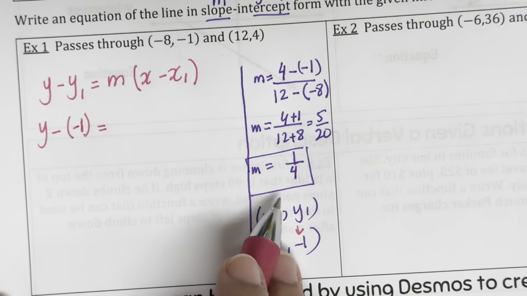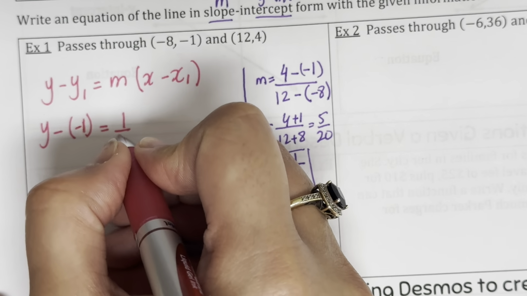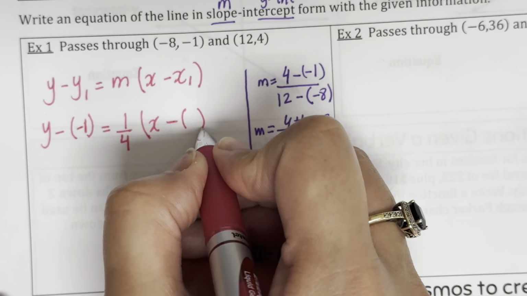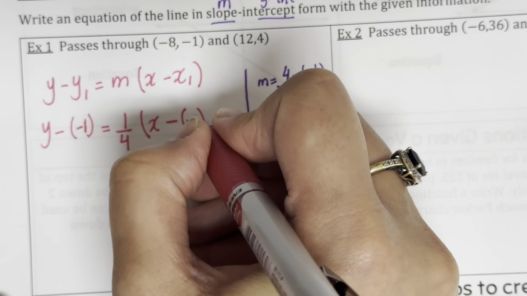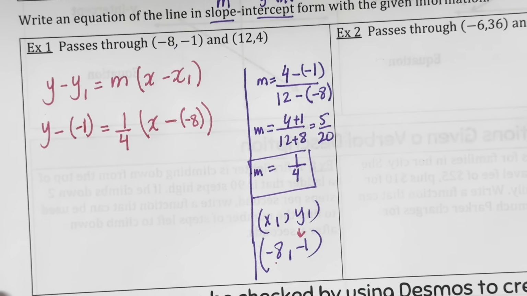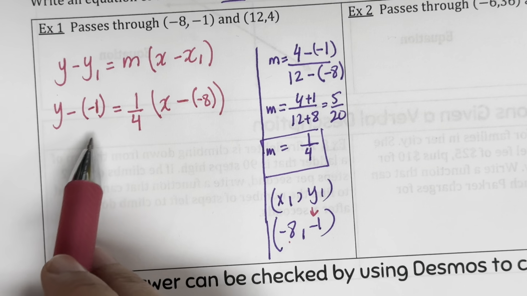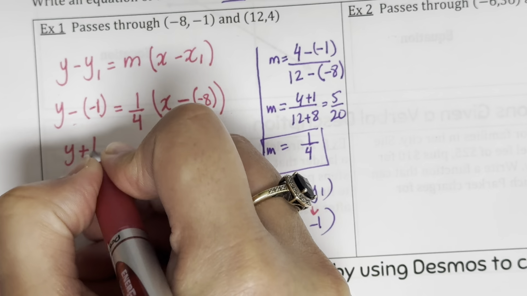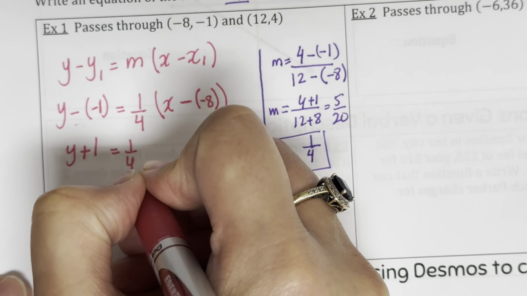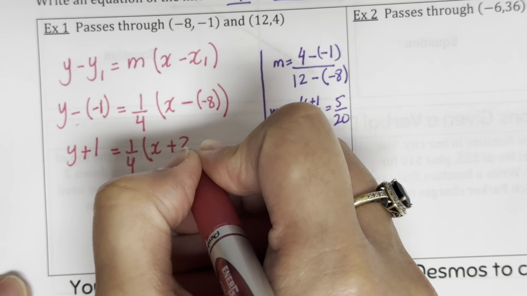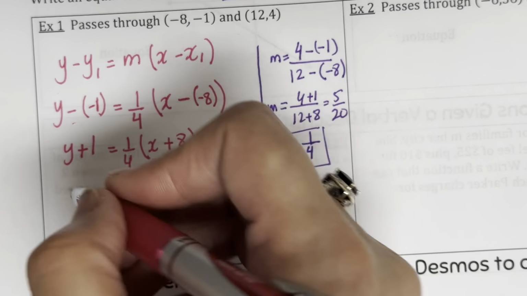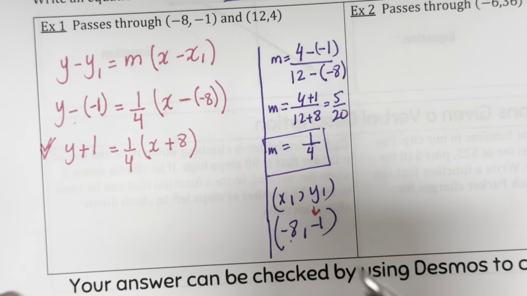Equal sign, slope is replaced by 1/4. x and minus goes like that, and x1 is replaced by negative 8. All right, now let's just clean it up, simplify. So this should be y plus 1 equals 1/4 times x plus 8. All right, this is my point slope form of the equation.